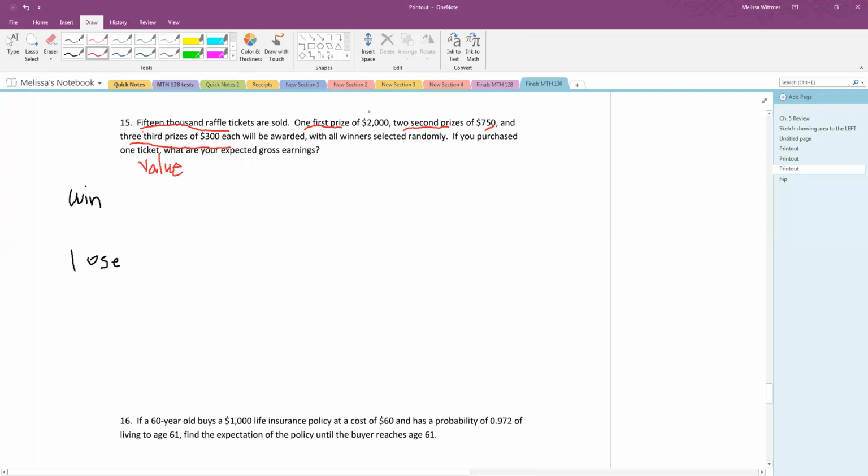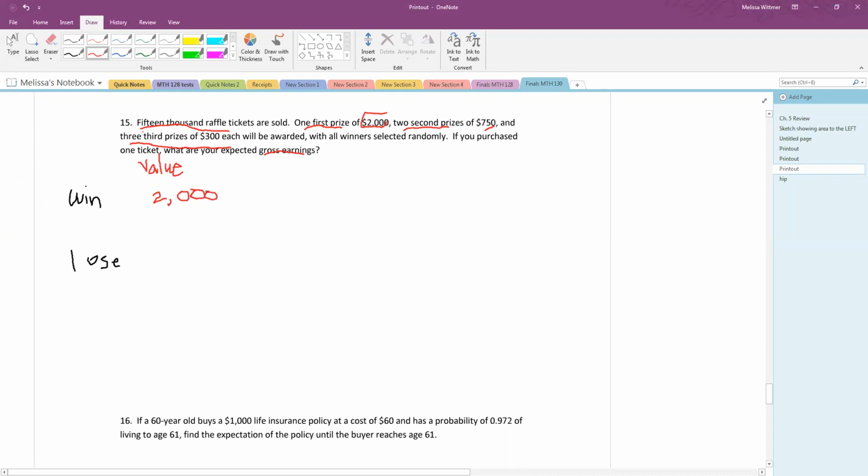So here we have a first prize, we can win $2,000. Now, you always have to take that total and subtract the cost to play the game. This one doesn't have a cost to play, so it's expected gross earnings, so it's not factoring the cost of the ticket. So we're just going to put the direct value, $2,000 here.